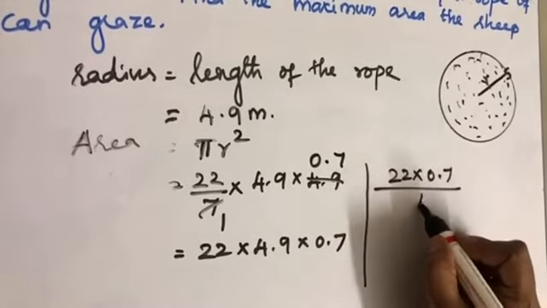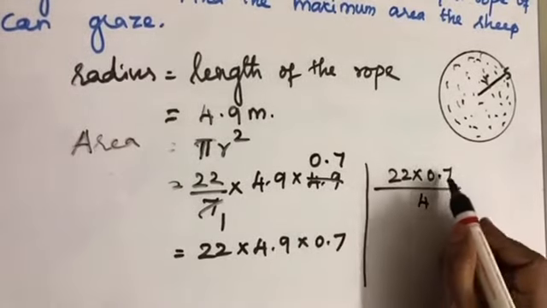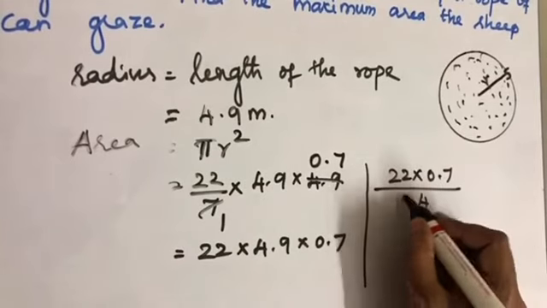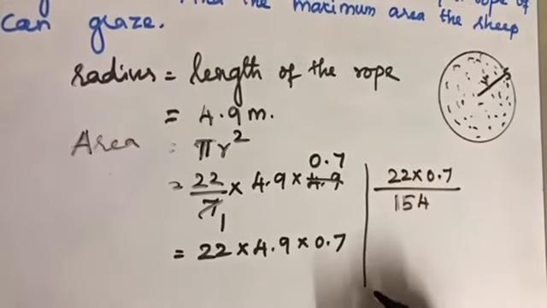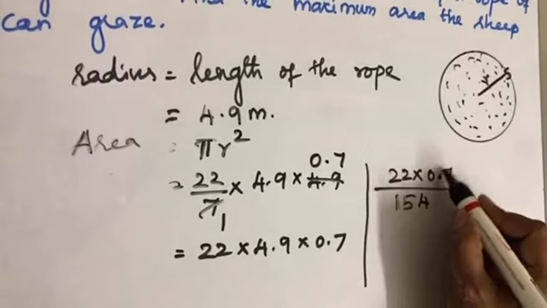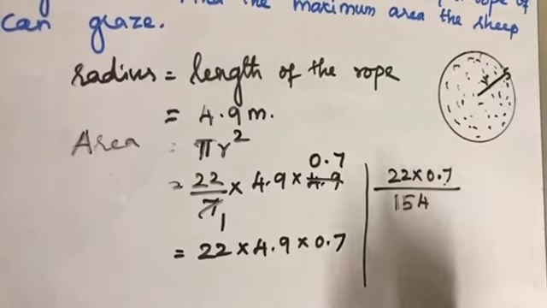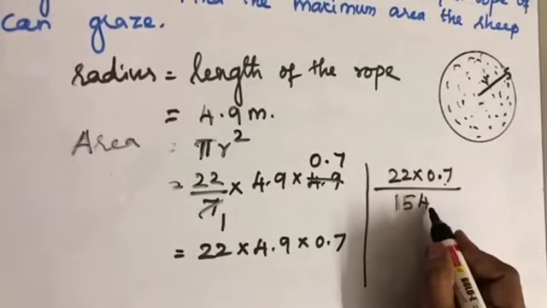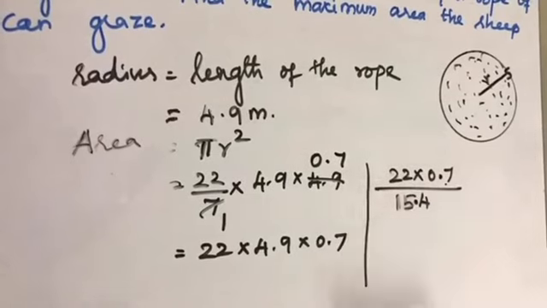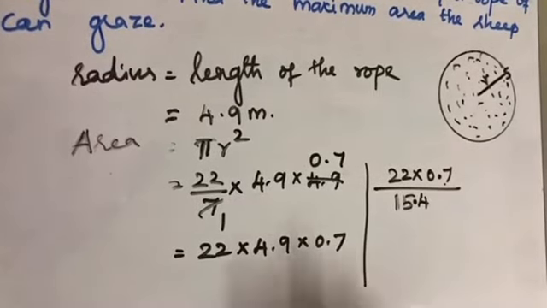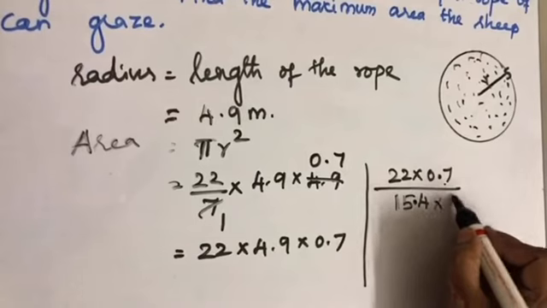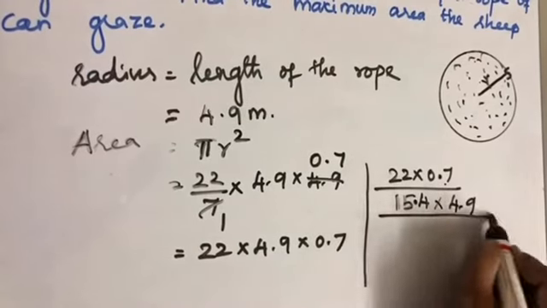Okay, 7 2s are 14, remaining 1. Again 7 2s are 14 plus 1, 15, 154. So we have one decimal, one number after the decimal point. So I keep point before one decimal place. Now 15.4 into 4.9. We have to multiply these two.